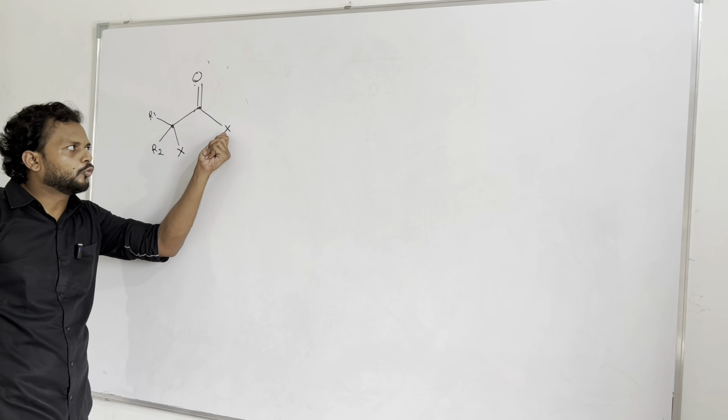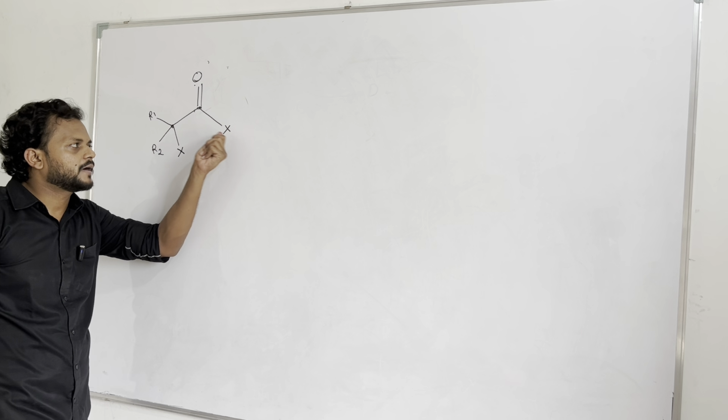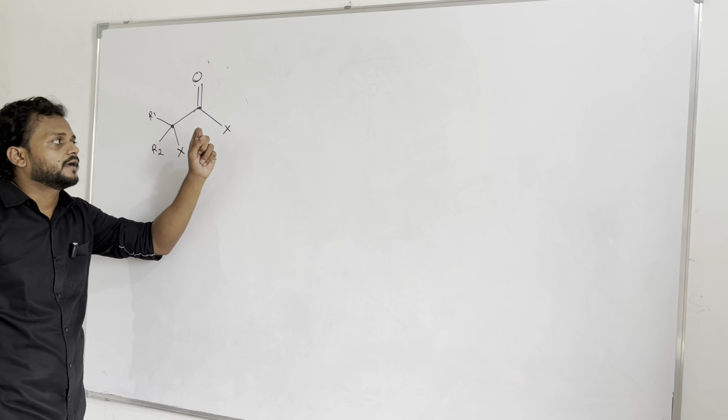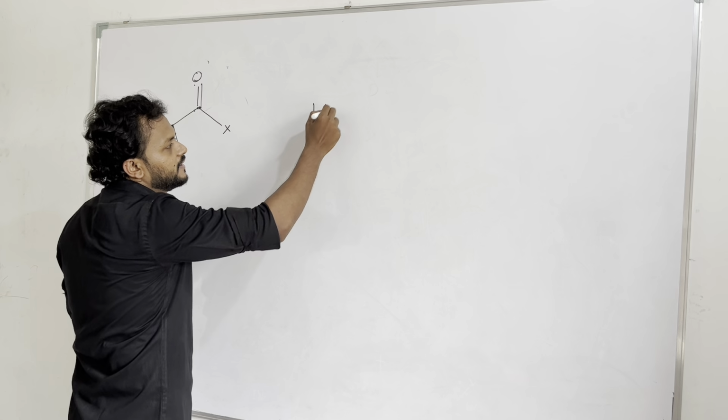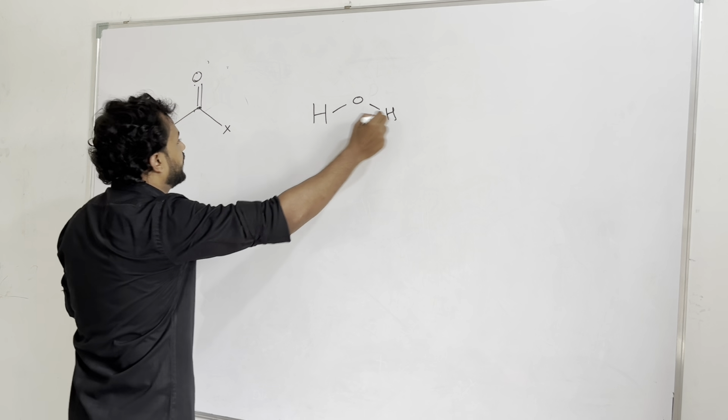Further we just need OH at this place to form the alpha-halo acid, and to do that we are going to perform a hydrolysis, and for that water is there.